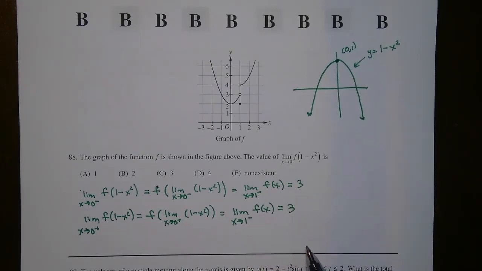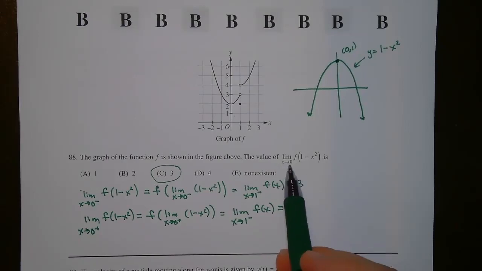So for 88, the correct answer is C. When they ask you limits and they give you graphs, I would really encourage you to do the one-sided limits to see if it works out. So the correct answer to number 88 is C.